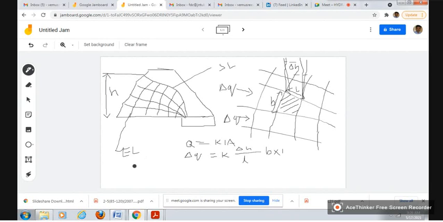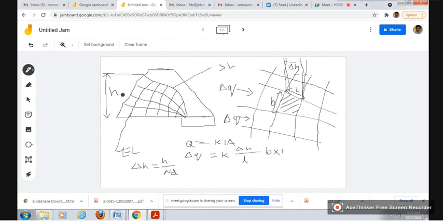Delta H can be written as the total head divided by the number of potential drops. ND is the number of potential drops. In our case, how many potential drops? 1, 2, 3, 4, 5, and 6.